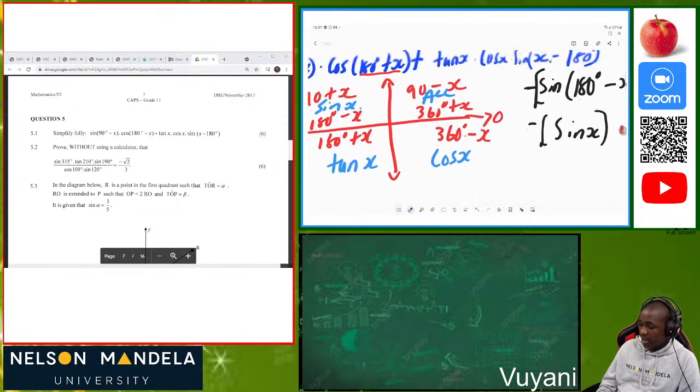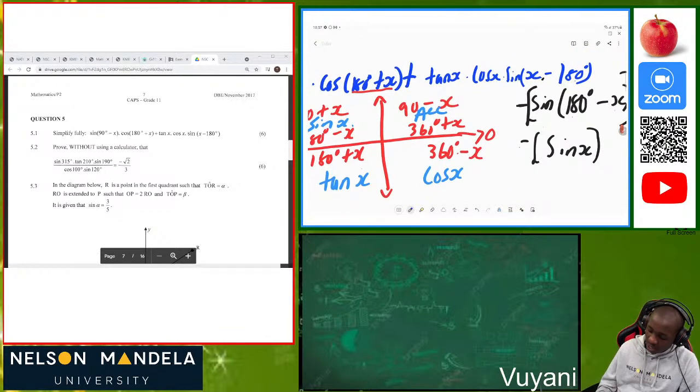As I said, if you get confused, this is 0, this is 90, then this is 180, and x minus 180 is here, and in this quadrant sine is negative. When we are moving backwards, we are saying this is going to be x minus 90, x minus 180. So x minus 180 is in the third quadrant, and we know that in the third quadrant only tan is positive. So since tan is positive alone, we have to change that one now. It's going to be a negative sign.